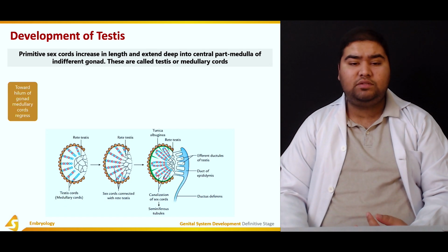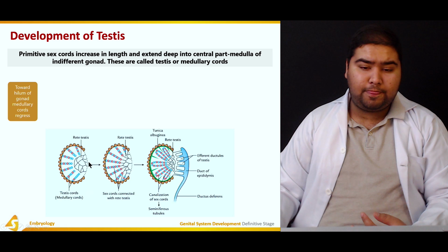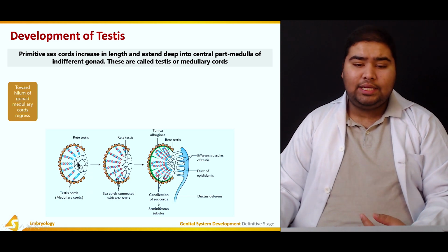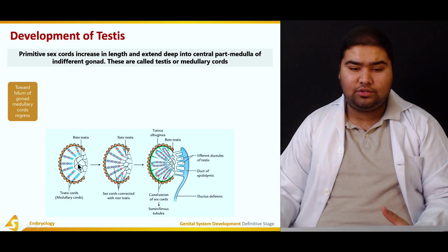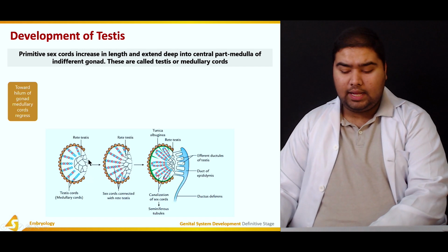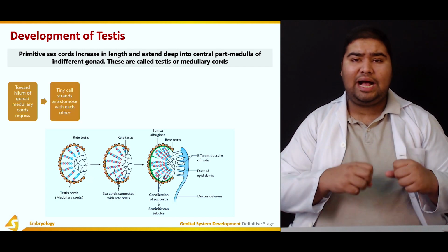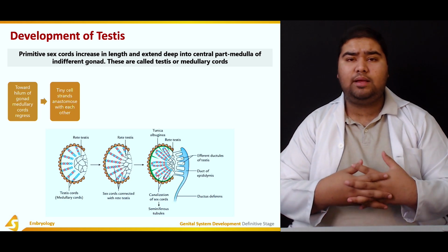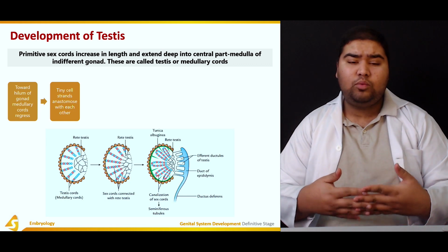So what happens from here on outwards? Now towards the hilum, so this area is the hilum, these sex cords regress. Here you can see there's a regression of the sex cords towards the hilum. Now the tiny cell strands which have actually broken off from these sex cords come to lie together with each other.